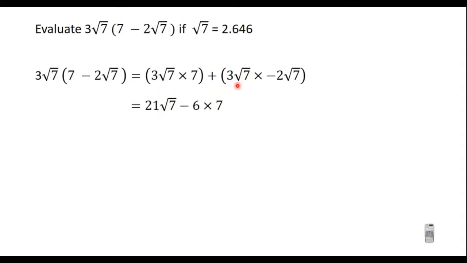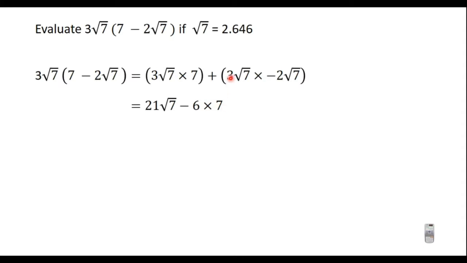Now when you come here, we are doing multiplication. So what is in front of the square root signs will multiply. So 3 will multiply negative 2 to give us negative 6, then what is under the square root sign will multiply. So you are going to have square root of 7 multiplying square root of 7. You know that square root of 7 times square root of 7 will give us 7.